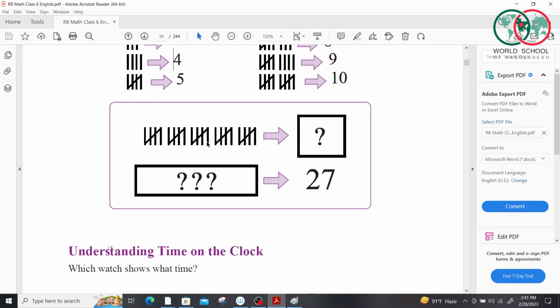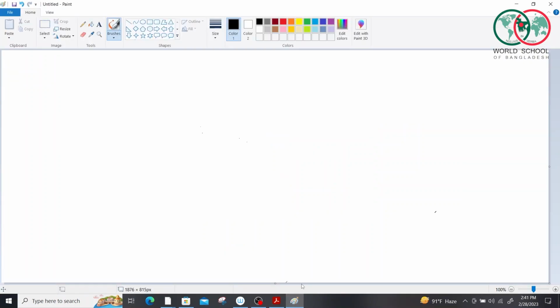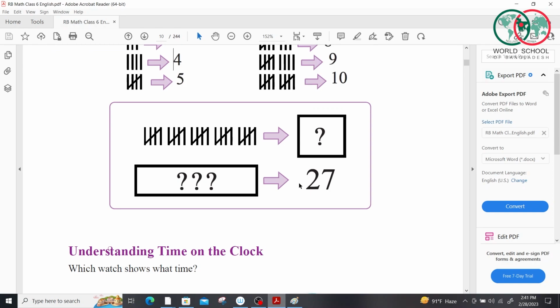So here we need to find out what this tally represents. As we have already seen, this mark represents 5. So 5, another 5, it becomes 10. 10 plus 5, 15. 15 plus 5, 20. 20 plus 5, 25. So the answer is 25. Our next is 27.